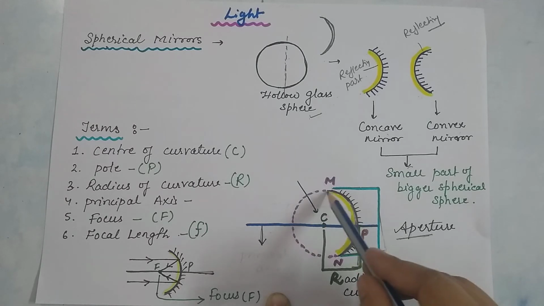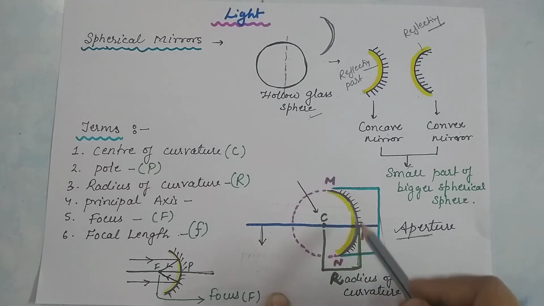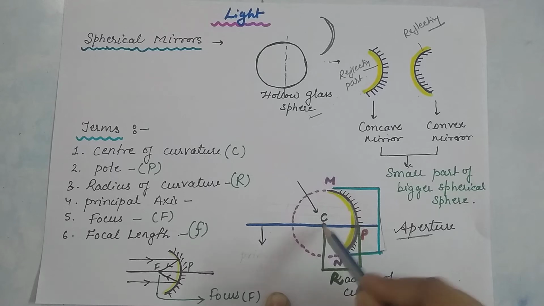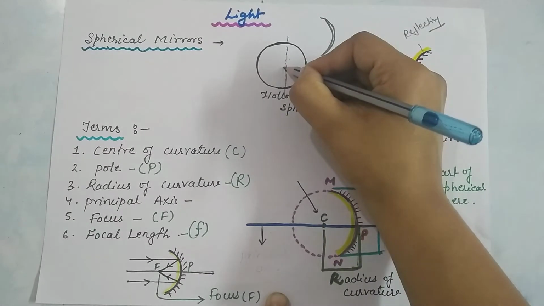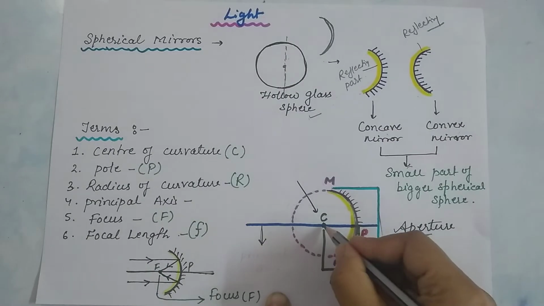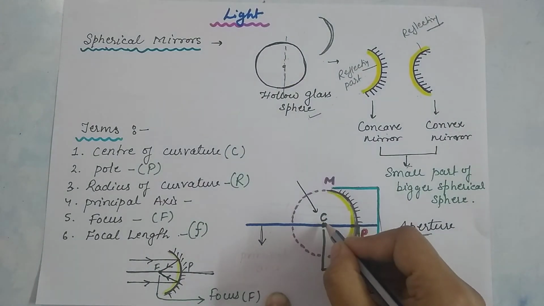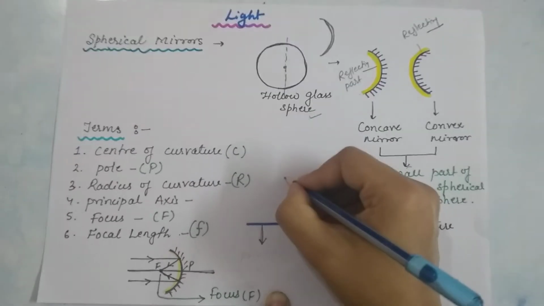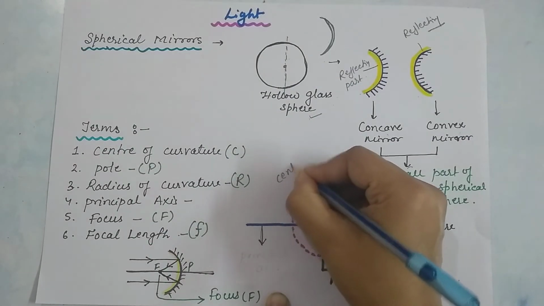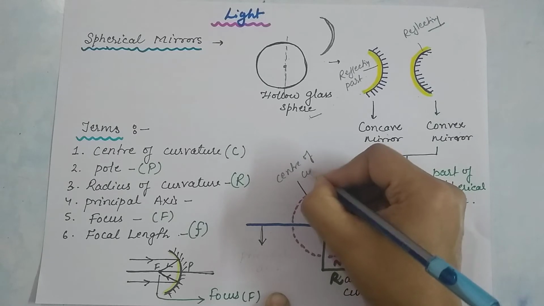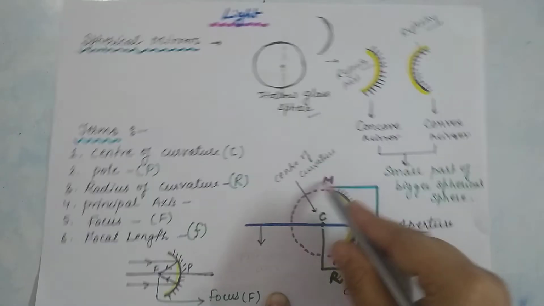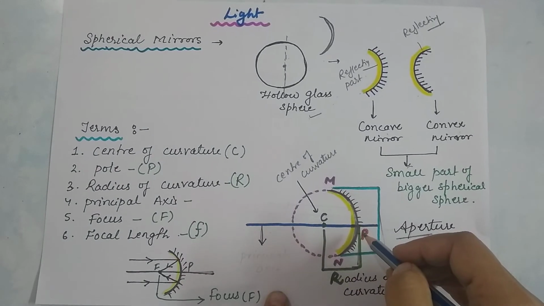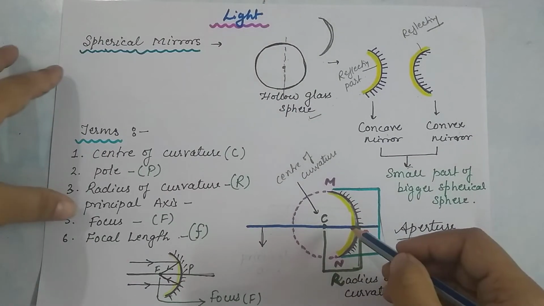Second, when we take this whole sphere, there is a center. As we know every circle has a center, so this is the center, and that is called center of curvature. So the center of this hollow sphere is called center of curvature.